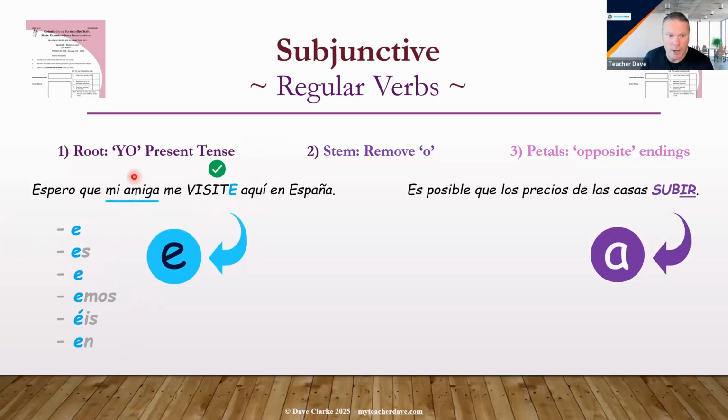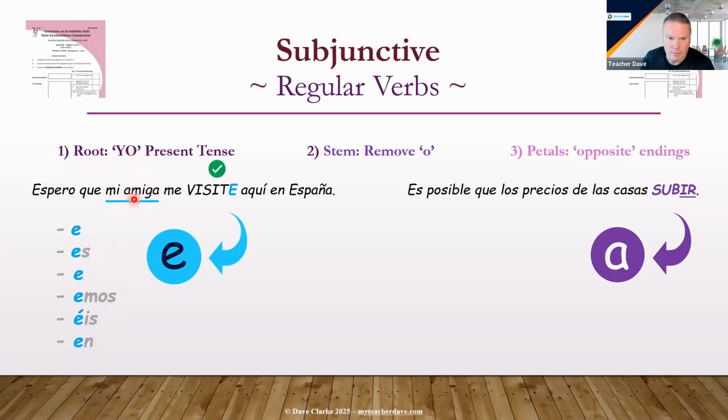Straight away, you might remember from our previous class that mi amiga is the doer of the action of visiting, or as we say, is the subject of the verb to visit. Mi amiga is singular, it's only her. So we're not interested in any of these bottom 3. They don't actually do anything for us here, yeah? It's one of these top 3 because these are all singular.